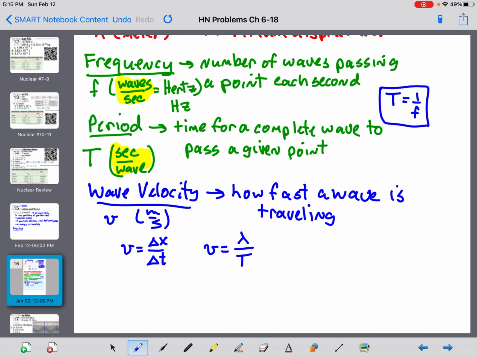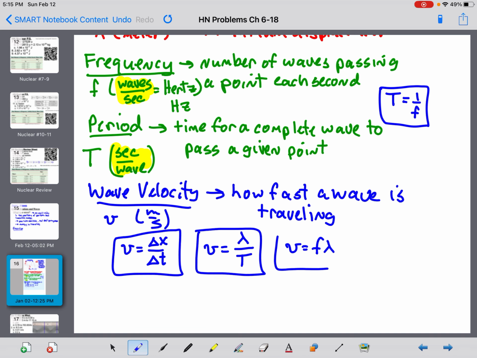So we can also find velocity by wavelength divided by period. Being that period and frequency are inverses of each other, if I plug in a 1 over f for T and then invert, I also get wave velocity is frequency times wavelength. So any of those methods will work in terms of calculating wave velocity. It just depends on what you know. Ponder physics.